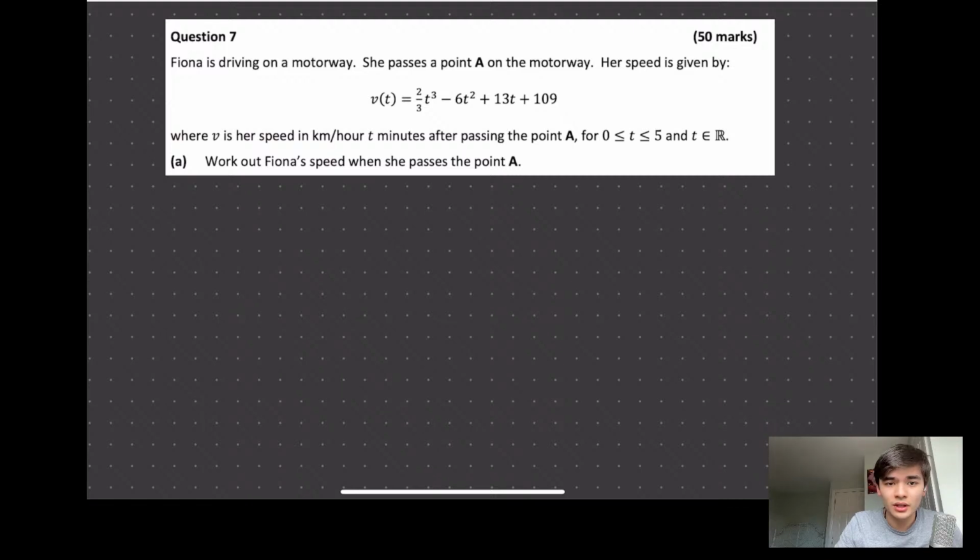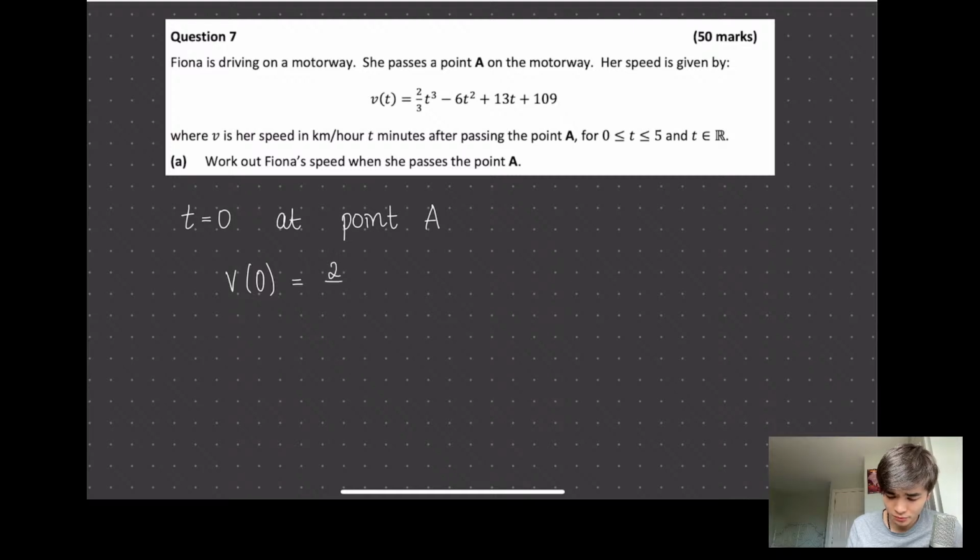Yeah, it is, isn't it? Fantastic. Okay, so we know t is the time after passing the point A. So at the point A, we know that the value of t is 0. And so what we're going to be doing is substituting this value into the formula for v. So if you like your function notation, you can write it like this, v of 0.